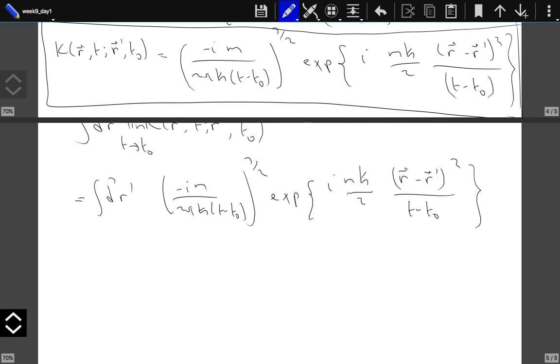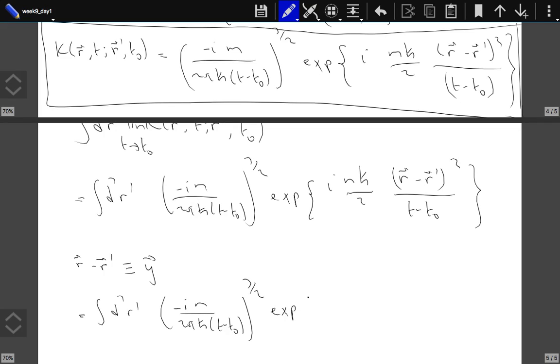Well, let me just make a change of variable. Let me just call r minus r prime as y. So this is just d³r prime times (-i m / 2π ħ (t - t0))^(3/2) exponential of i m / 2ħ times 1 over (t - t0) times y².